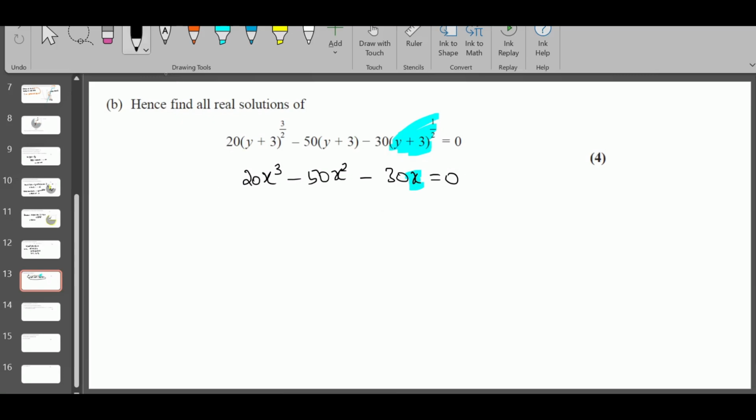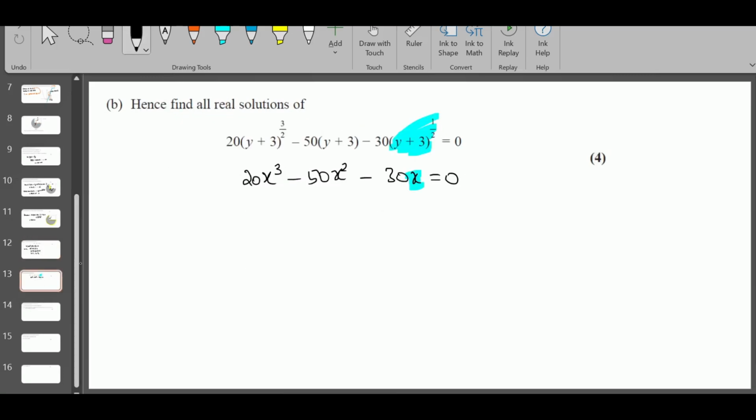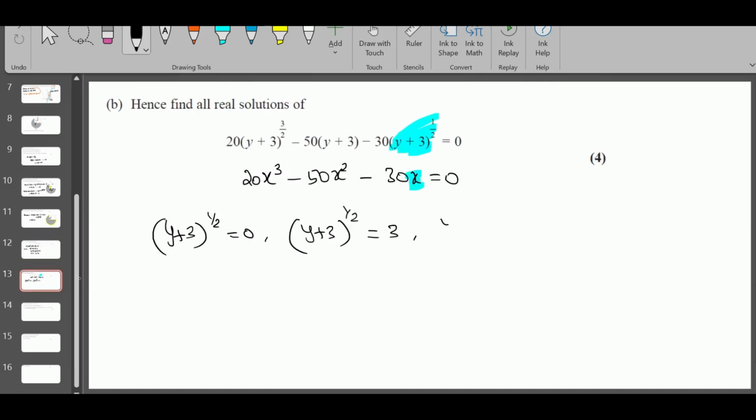There are 3 solutions: 0, 3, minus half. And replace x by y plus 3 power half. Y plus 3 to the power half is 0. Y plus 3 to the power half is 3. Y plus 3 to the power half is minus 1 over 2.